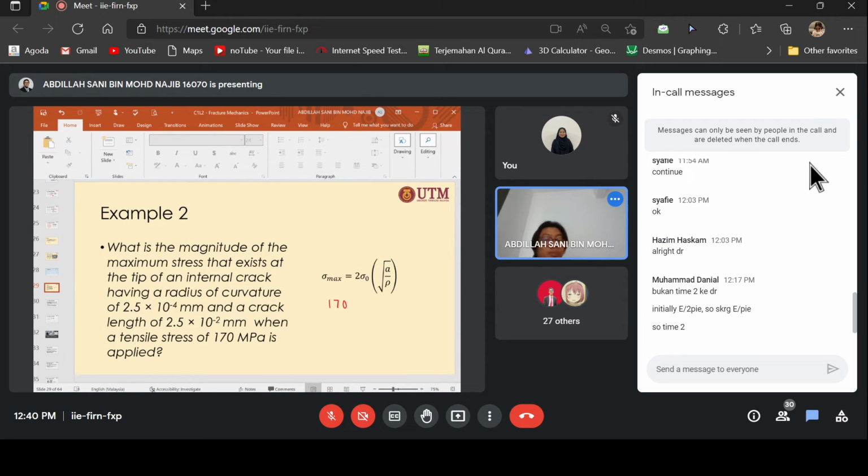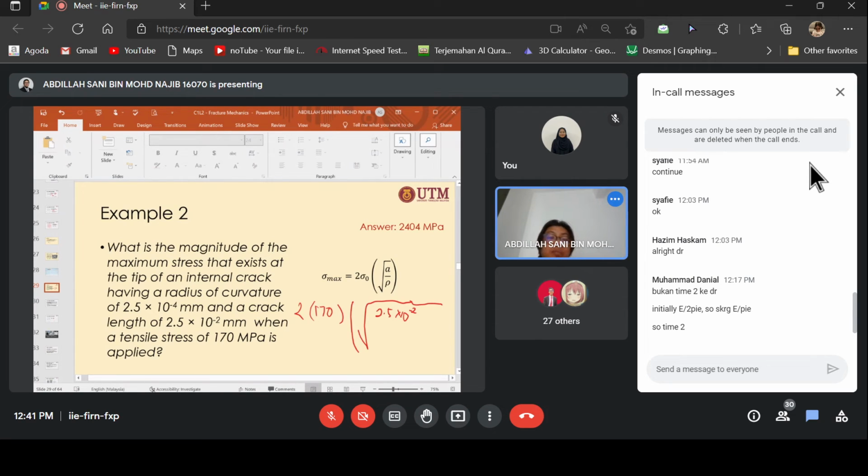Okay, so you apply the stress. We have already looked at it. Our applied stress is 170 megapascal, everything in megapascal. Two, the square root of a, where a is the crack length, 2.5 times 10.